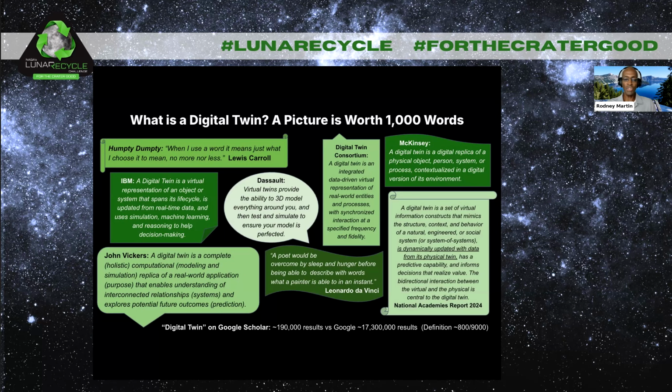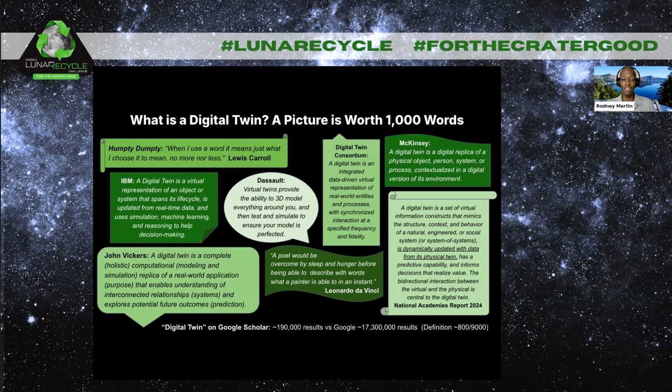Okay, so as you could see from this slide, this is just a small sample, but if one were to do a Google search, you would encounter hundreds to maybe even thousands of definitions of a digital twin. Our predecessor in this role, John Vickers, had sort of a subscription to the famous quote, "When I use a word, it means just what I choose it to mean, neither more nor less," which is spoken by a character, Humpty Dumpty, in Lewis Carroll's novel Through the Looking Glass, which is the Alice in Wonderland series.